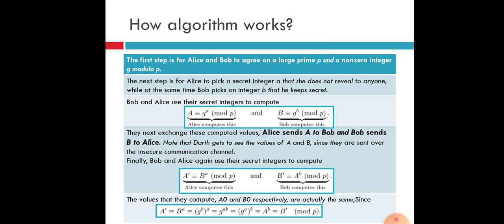Now let us see how the algorithm works. The first step is for Alice and Bob to agree on a large prime P and a non-zero integer G modulo P. Both are prime. The next step is for Alice to pick a secret integer a that she does not reveal to anyone.